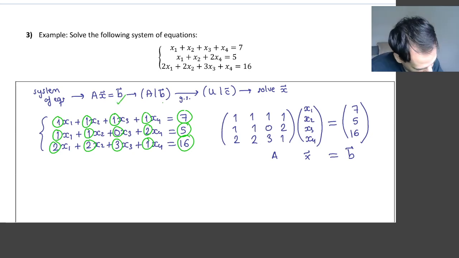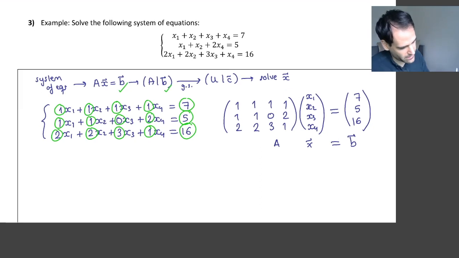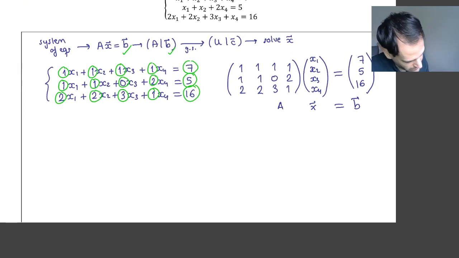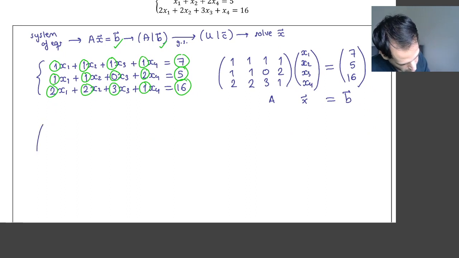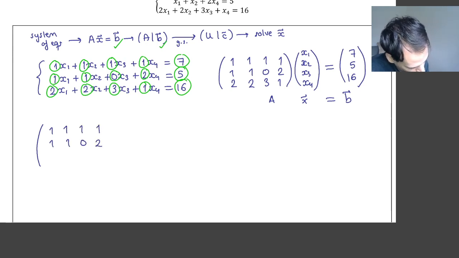So next we write it as an augmented matrix, and this is simply writing it wasting less ink. So we basically write the matrix here, and then we add a vertical line and we write the independent coefficients.